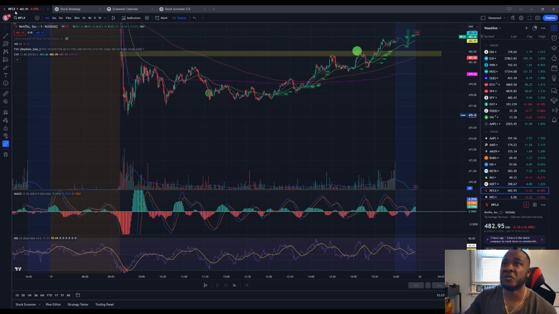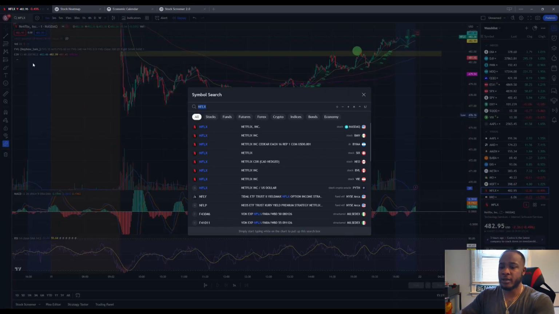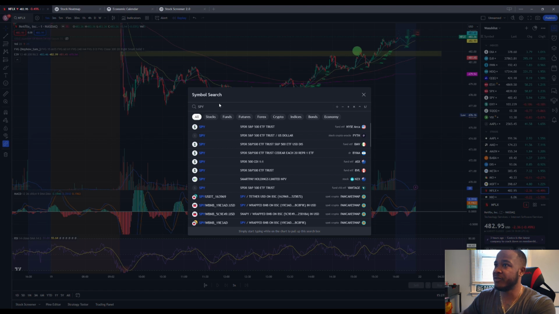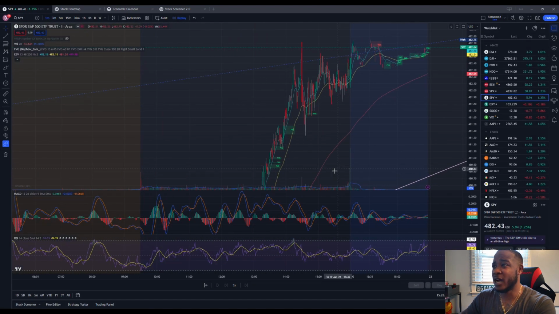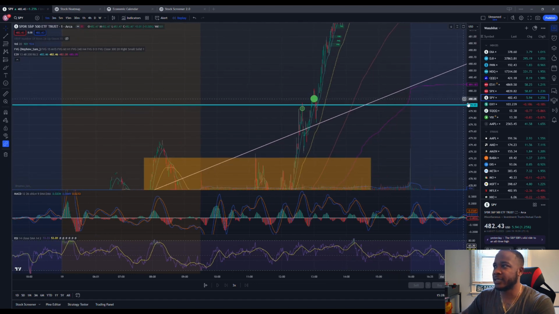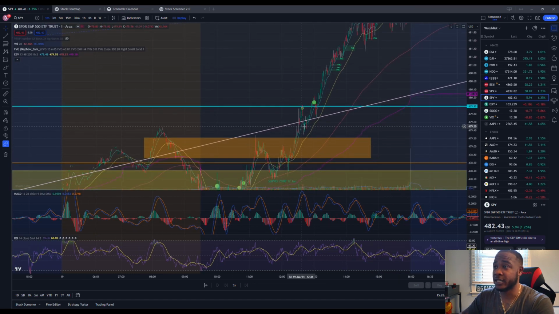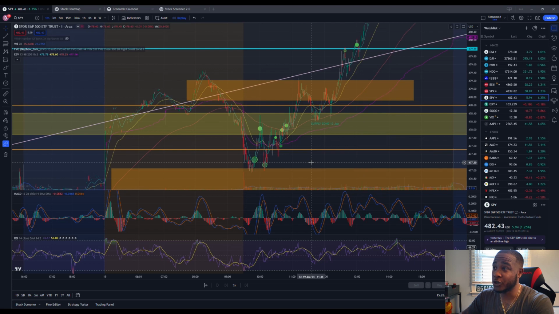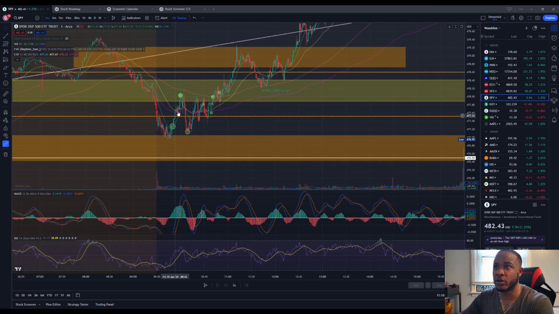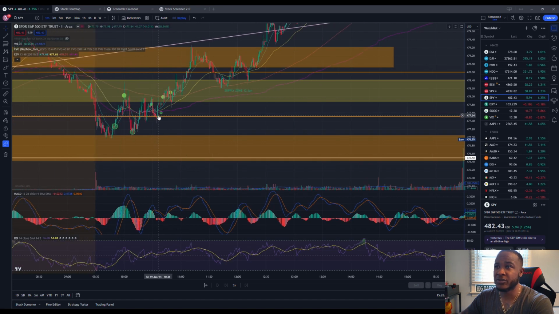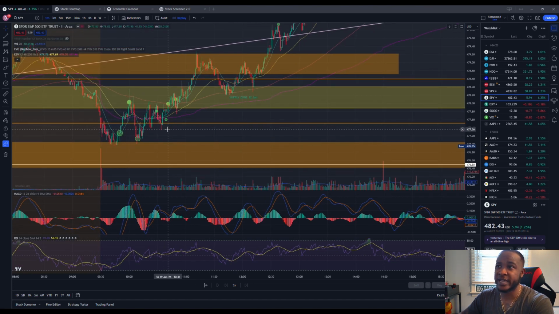So with the SPY, we actually played the SPY very, very well yesterday. I did not overstay my welcome. In a lot of cases, I felt like I could have actually ridden it a lot longer. But at the same token, as you can see, as the day started off with the SPY, it was very volatile. It was going up and down.